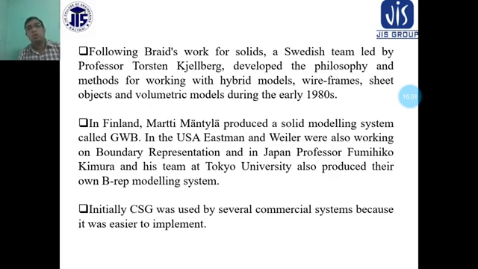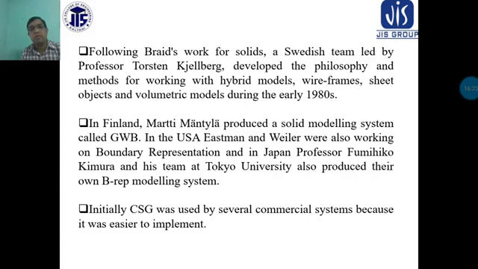Basically, during this period, with hybrid models we can design any type of system. You have to join different solid faces, and you can also give the boundary representation very easily, as when you work with hybrid procedures.